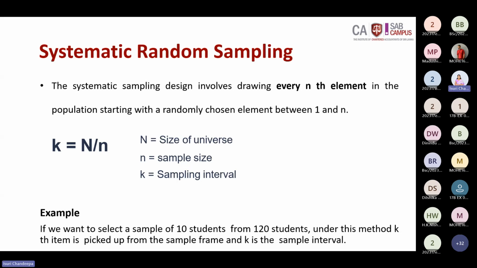Right. So in the given example, if you want to select a sample of 10 students out of 120 students, under the systematic random sampling technique, the kth item is picked up from the sample frame, and the k is the sample interval.